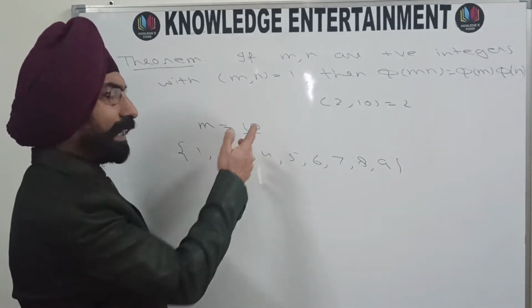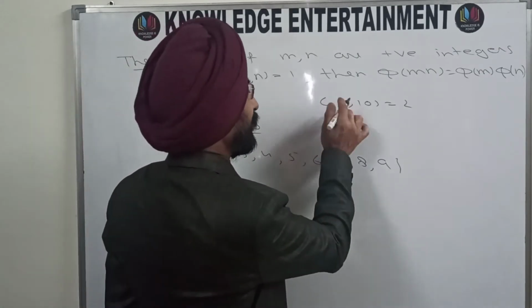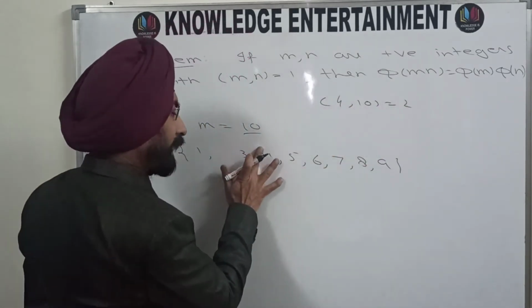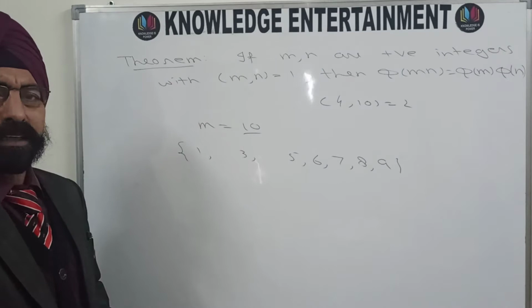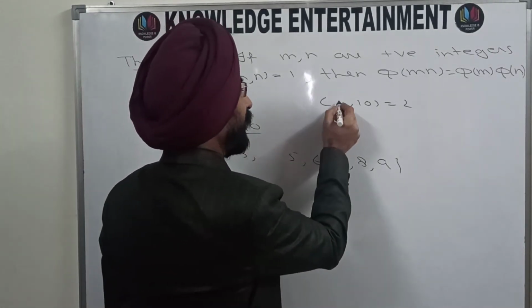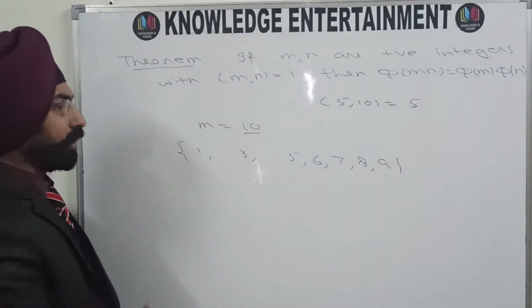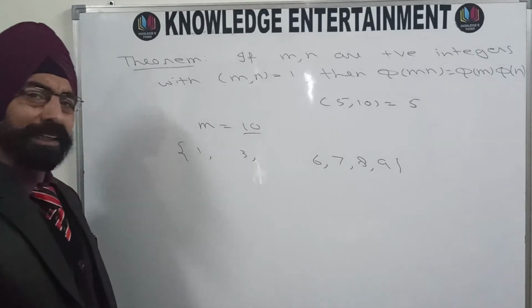Now GCD of 3 and 10 is 1, so 3 we will keep here. GCD of 4 and 10 is once again 2, so we will remove 4 from here. GCD of 5 and 10 is 5. It is not 1 once again, so we will remove 5 from this set.